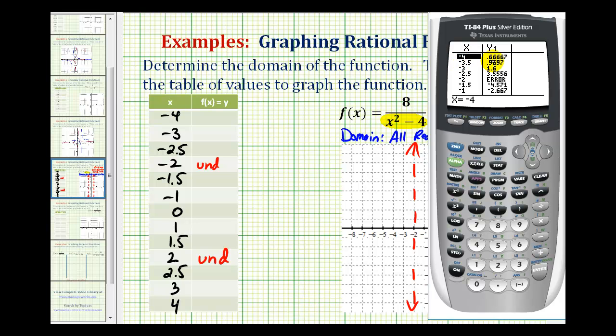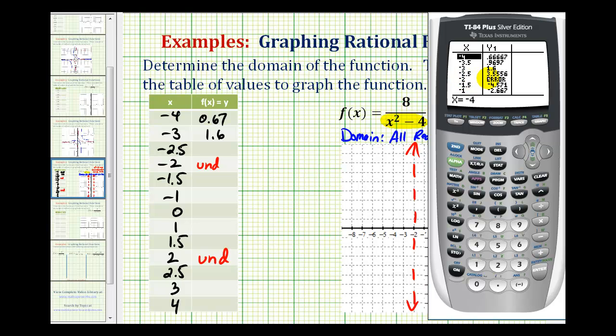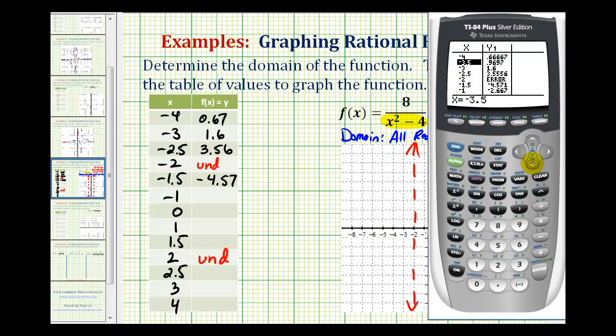Notice when x is negative 4, y is equal to approximately 0.67. X is negative 3, y is 1.6. At x equals negative 2.5, it's approximately 3.56. And at negative 1.5, it's approximately negative 4.57. Scroll down. At negative 1, it's negative 2.67. At 0, it's negative 2.